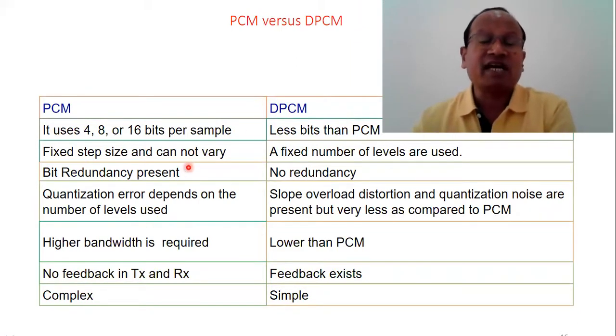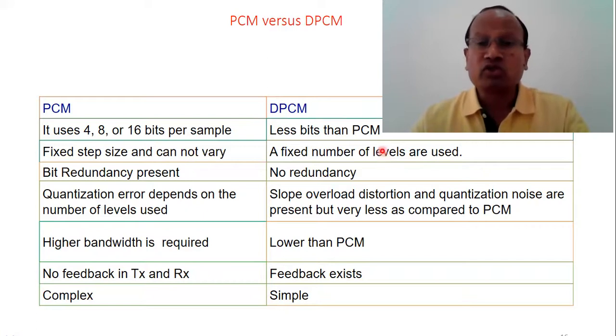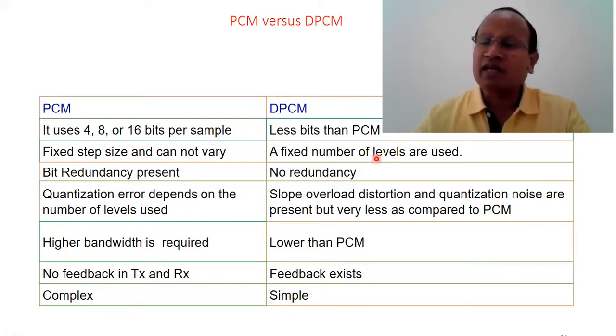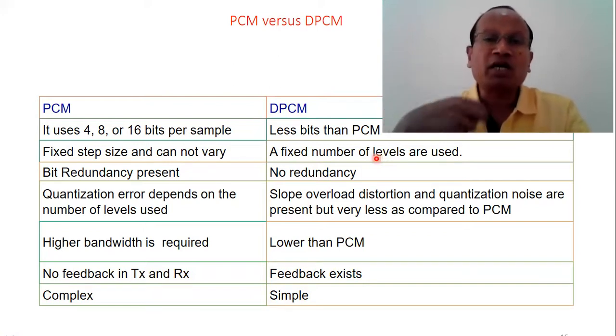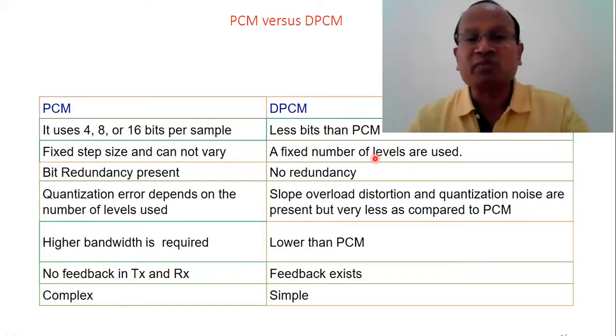In PCM, the step size is fixed and cannot vary. In DPCM, the step size and the number of levels will definitely vary, because we are not quantizing all samples, but only the difference between them.